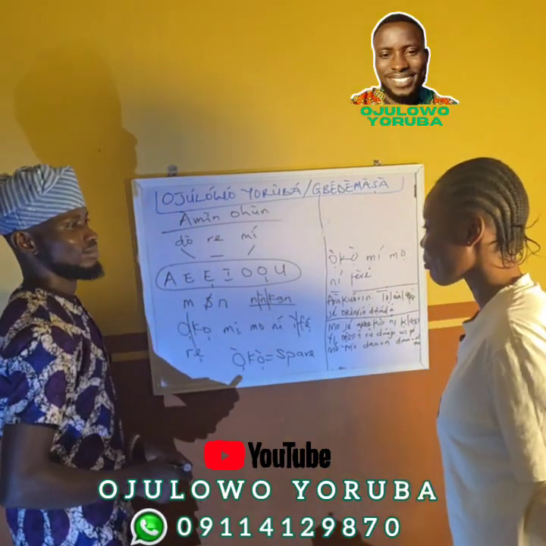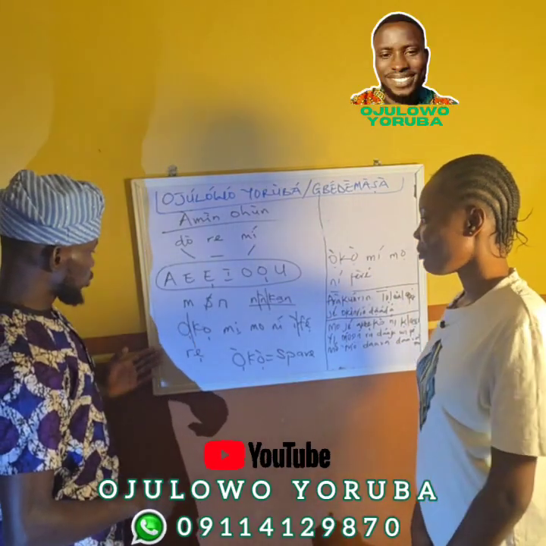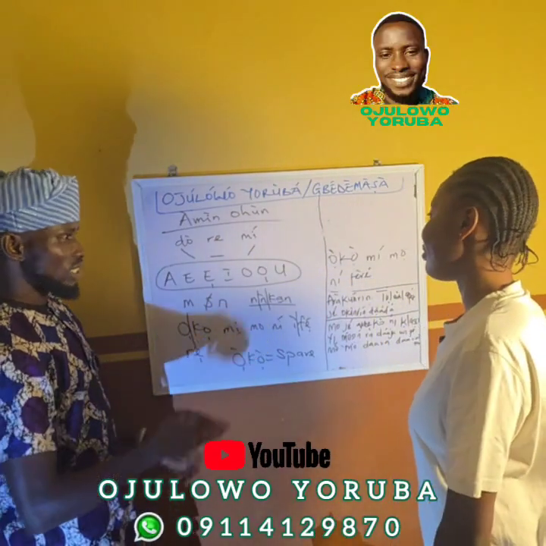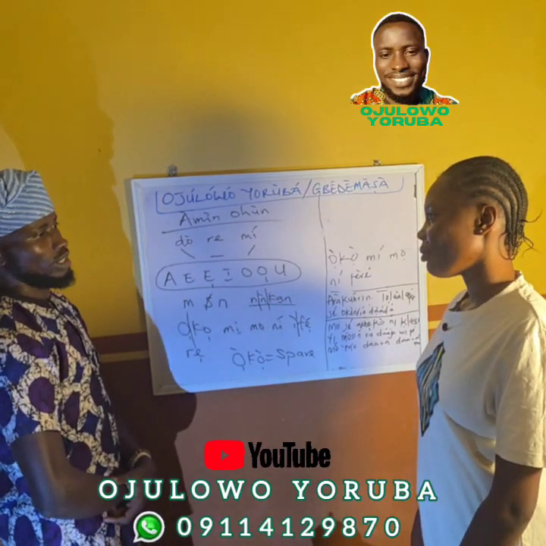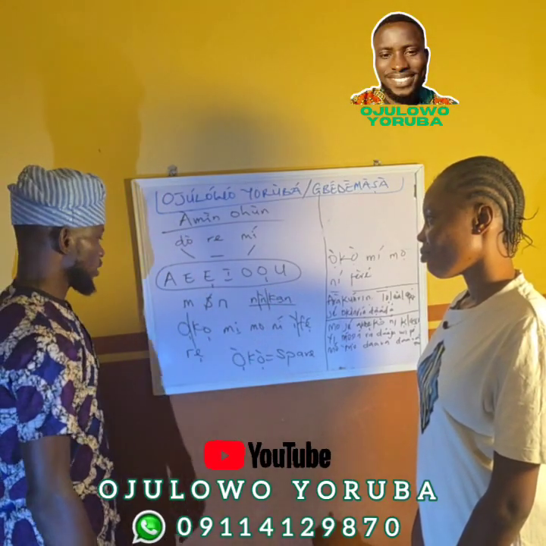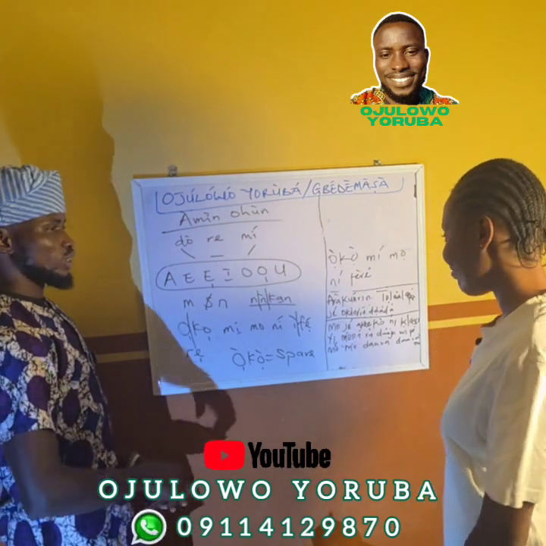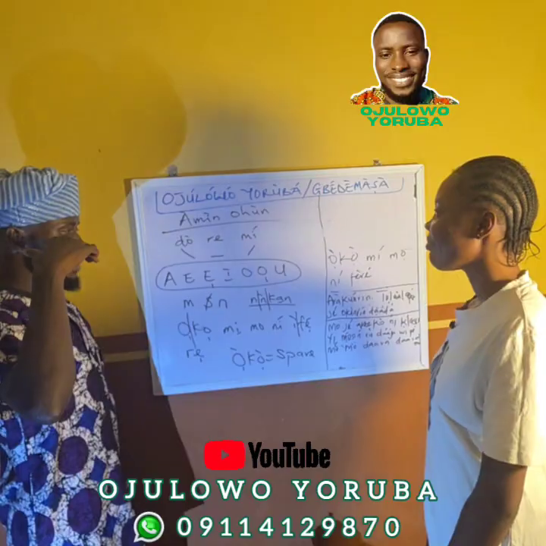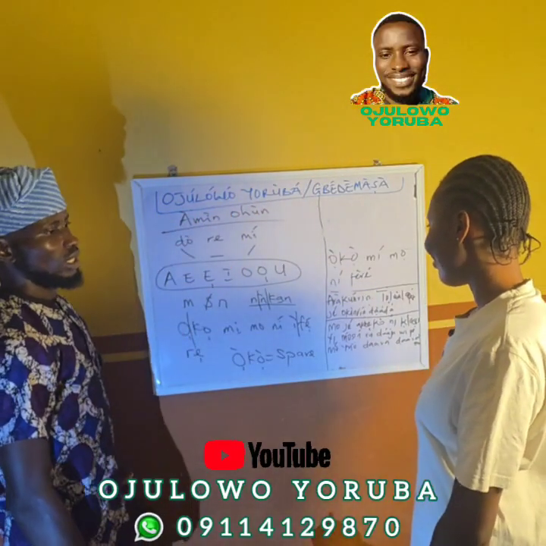So assuming you wrote all this and you now send it to someone without all these tonal marks, how would the person read it? The person cannot decode the message you are trying to send to him or her. That means you'll be stressing that person or giving that person a wrong perception of your intention.